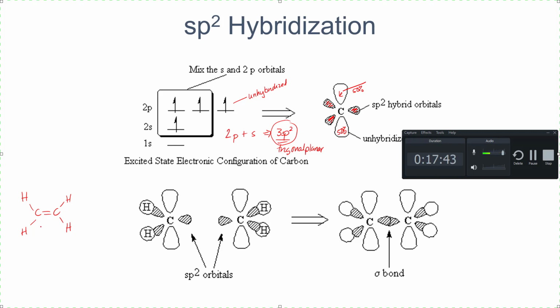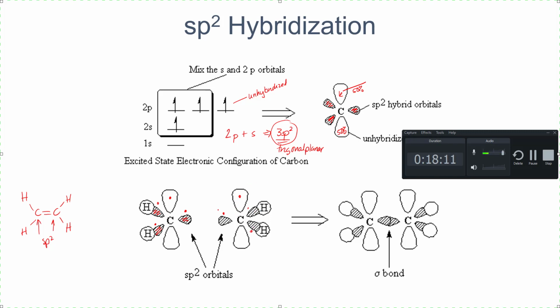Well, the bonding in this is that each of these 2 carbons is sp2 hybridized. So that means that the carbon's going to have our 3 sp2 hybrid orbitals. Each of those contains 1 electron each. And there's going to be 1 electron in the unhybridized p. 1 electron here and 1 electron in each of the 3.